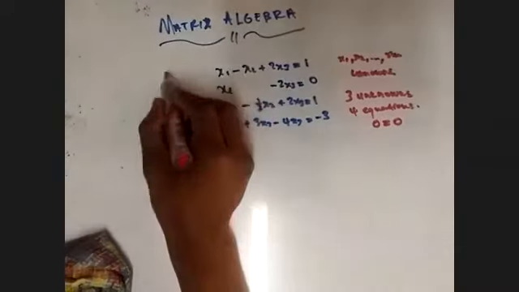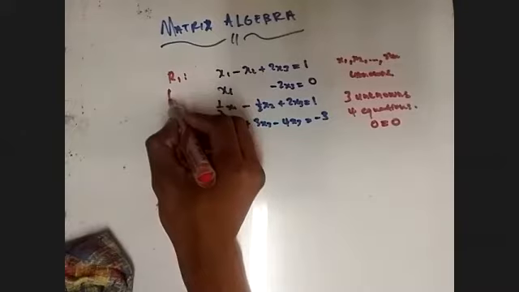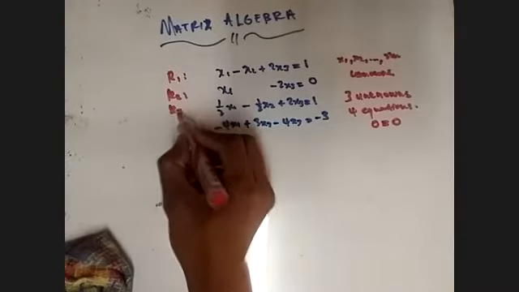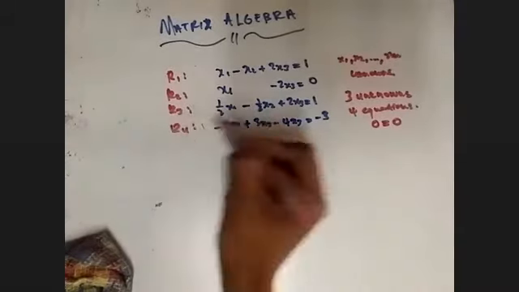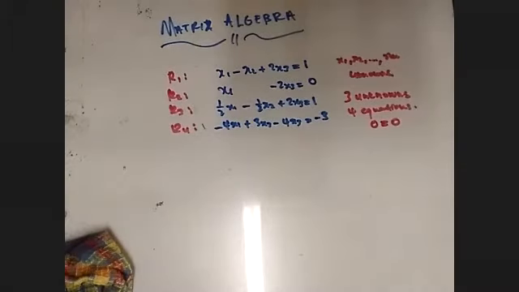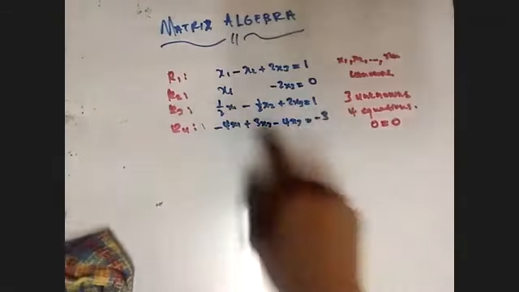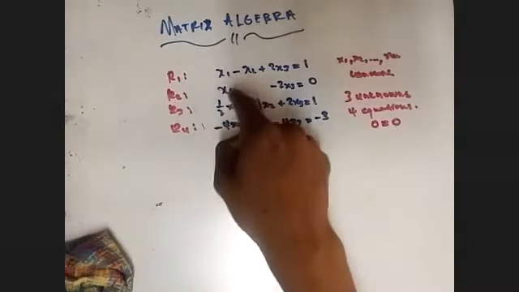R1, R2, R3, and R4. So we're going to do the same thing. We're going to say R1 minus R2. What I usually do, if I'm going to solve something of this nature, is I first make this one 0.